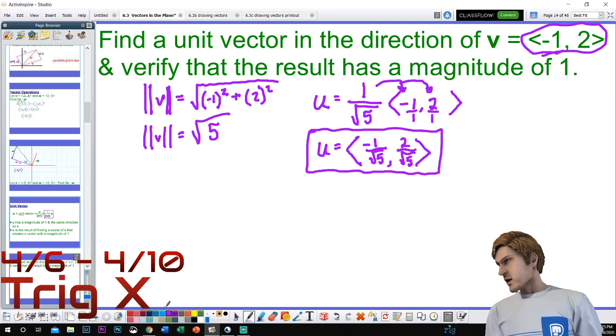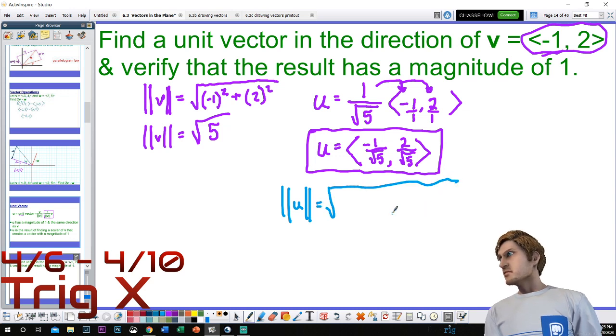Now this question asks me to prove that this is a unit vector. So I can find the magnitude of this unit vector by doing the distance formula. My distance formula is: take the x component, square it, add that to the square of the y component.